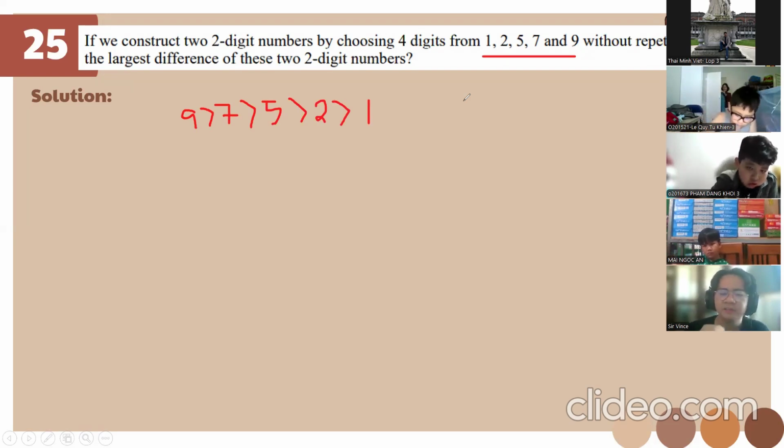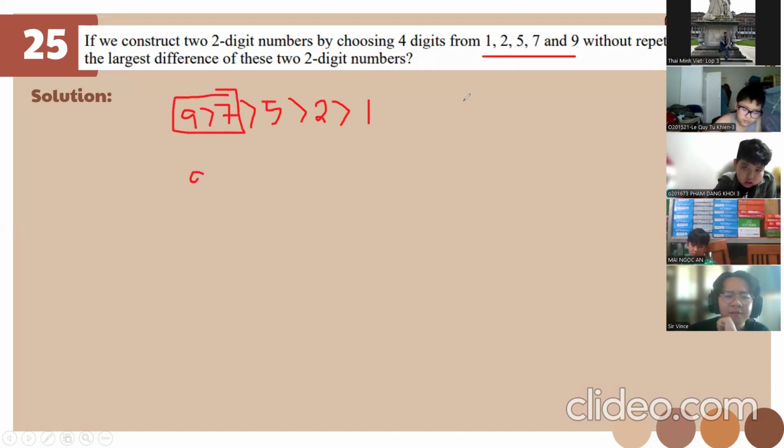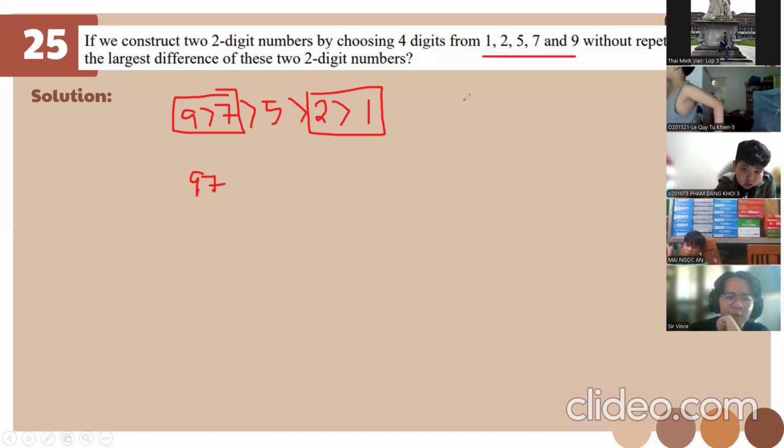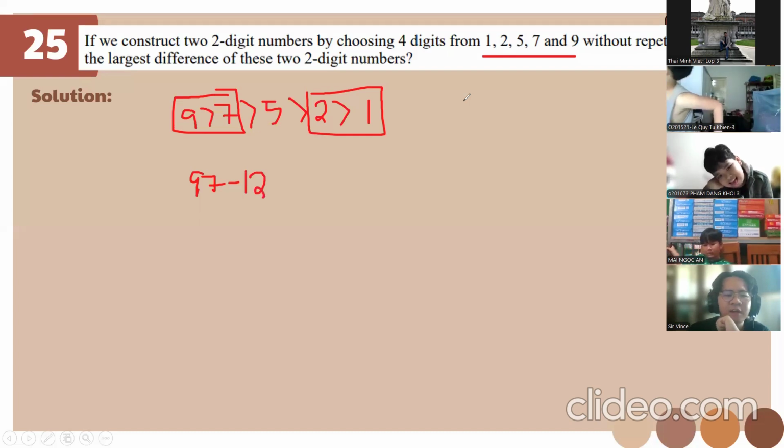To get the largest difference, we need the biggest and the smallest number we could have. So we have the biggest here, 97. Then we have 1 and 2. To make it the largest difference, we'll have to make the other number smallest. So instead of 21, we'll be using 12. So 97 minus 12, we'll have 85.